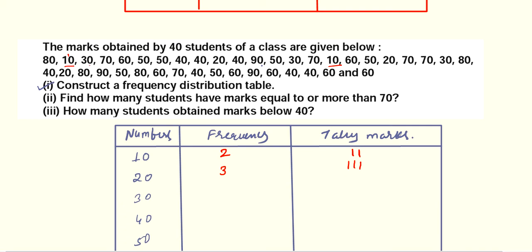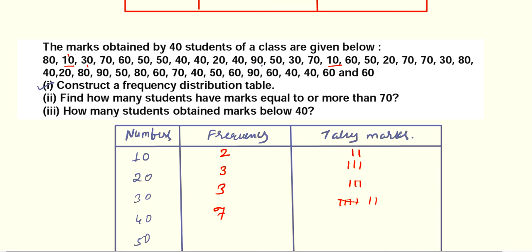Then 30. Like this you have to find. 30 is 3 times we are having, so 1, 2, 3. Next is 40, so find how many times you are having 40 in this data. So 40 is 1, 2, 3, 4, 5, 6, 7. 7 times we are having 40, so write 7, 1, 2, 3, 4, 5, 6, 7.